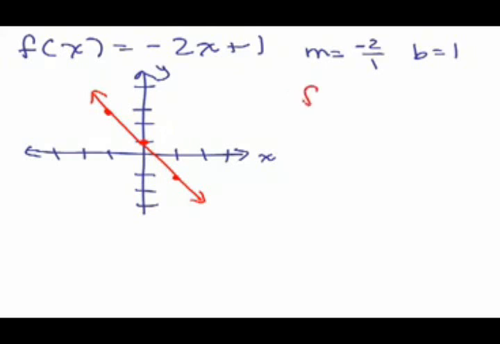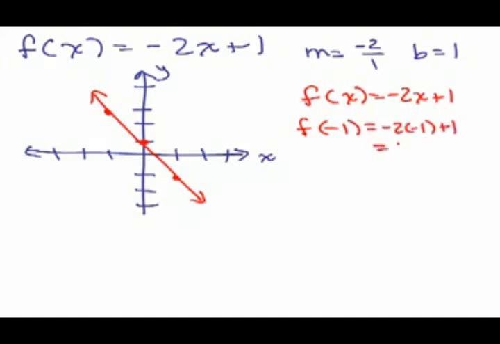But what I could have done is actually get my ordered pairs by plugging in some values for x. So I could plug in, let's say, negative 1. That would be negative 2 times negative 1 plus 1, which is 3. Notice that's the ordered pair (negative 1, 3) that I see right up here. Right? Here's (negative 1, 3).